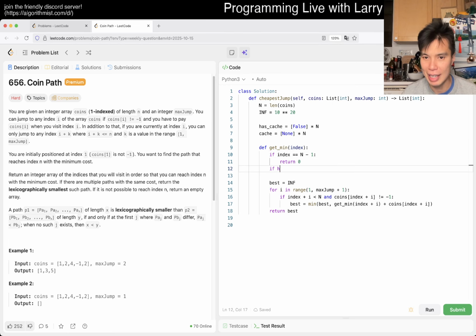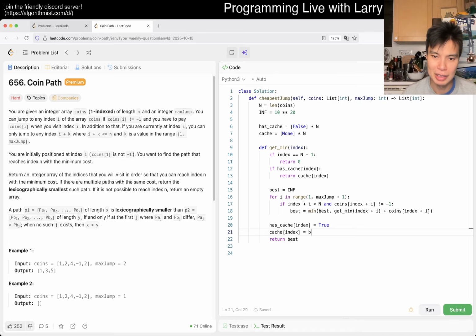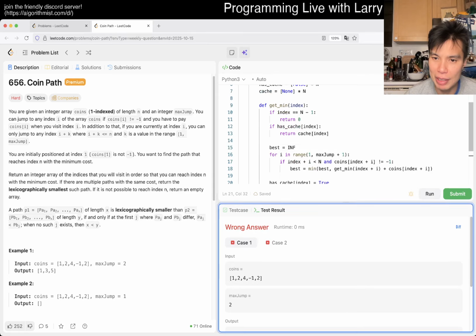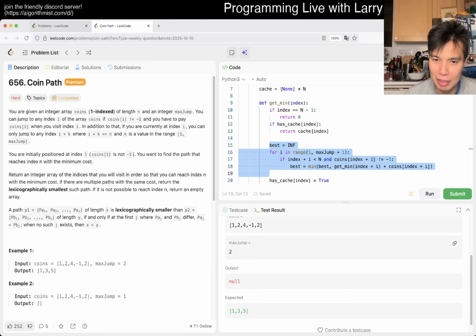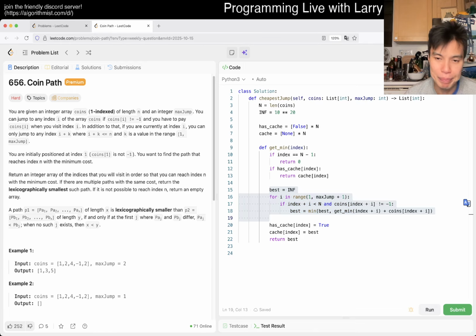So if has cache of index, then we return cache of index, right? Otherwise, and then cache of index is equal to best. And this way we verified that we don't do anything inside. I don't even run anything really. But yeah.